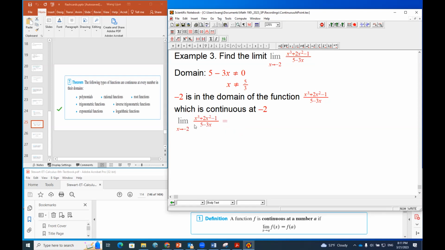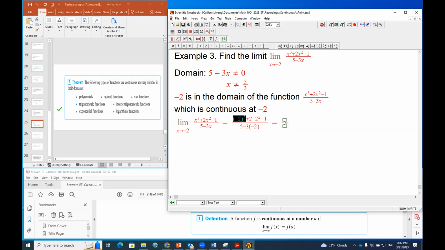All we have to do is substitute x by -2, no hassle at all. And then you just reduce this number, following the order of operations.